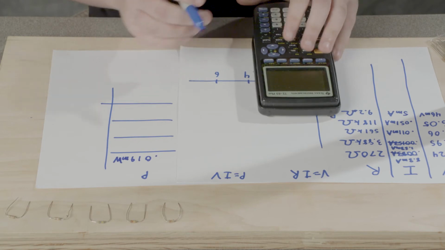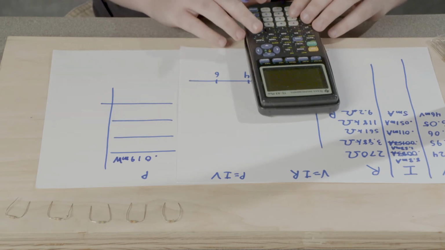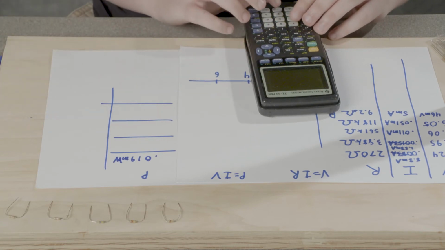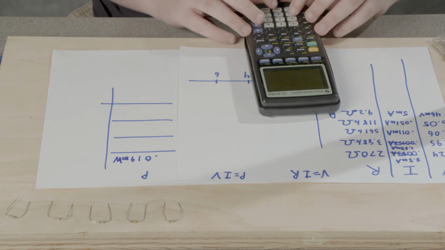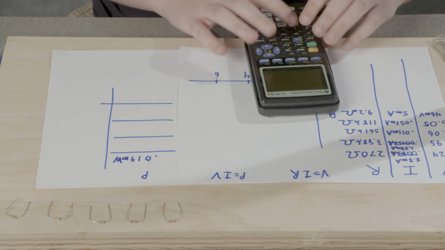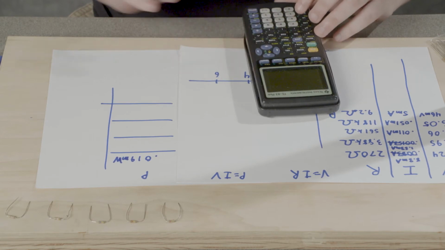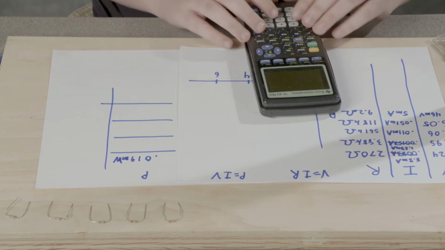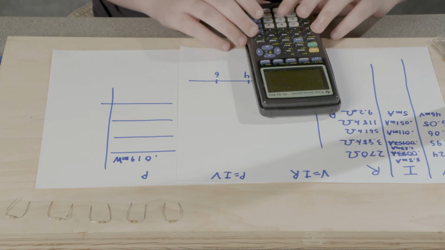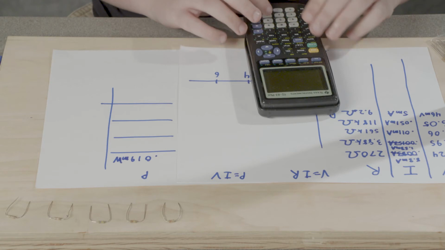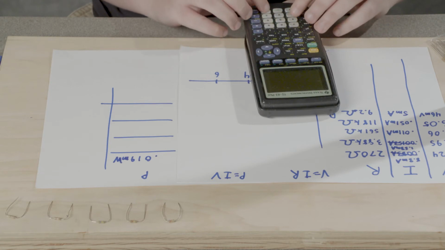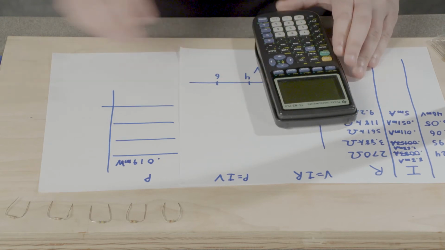Now it's due for the 3.88 kilo ohm resistor. So we get 5.95 times 1.53 milliamps. I forgot to multiply. There we go.